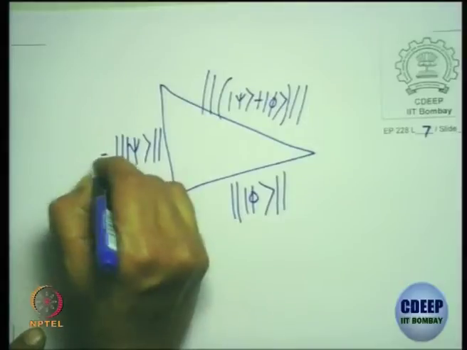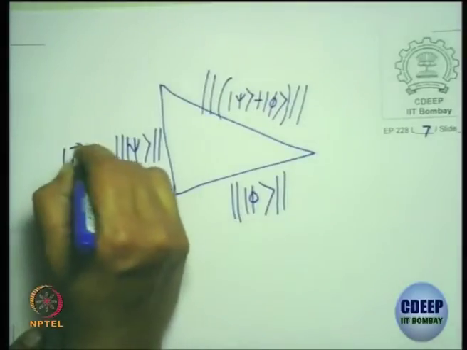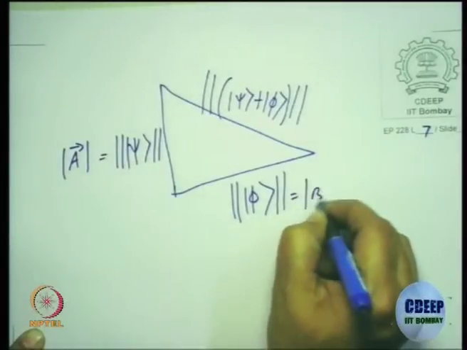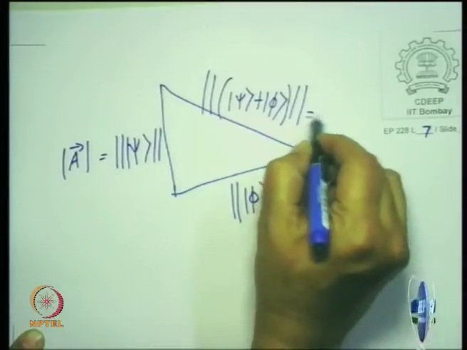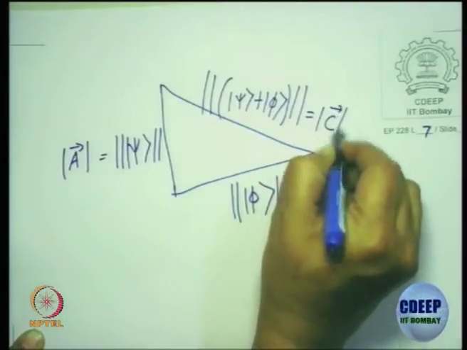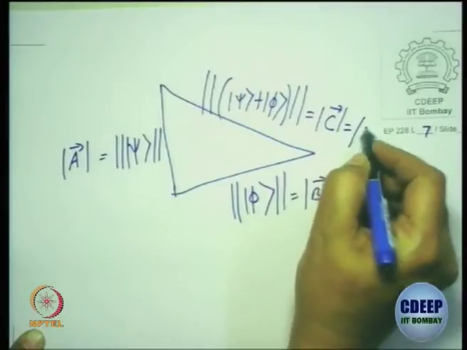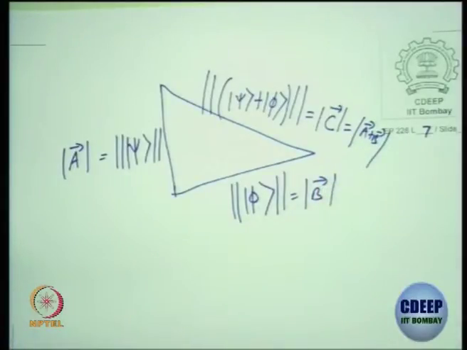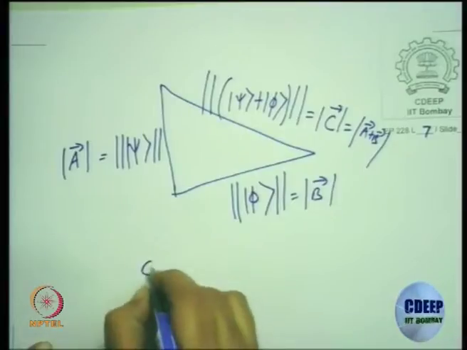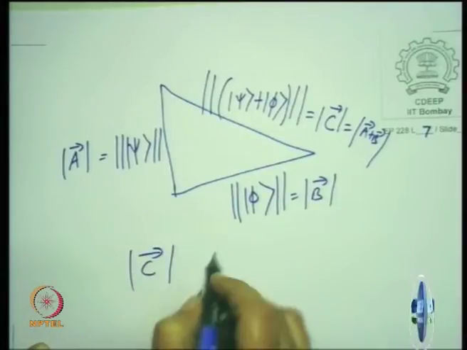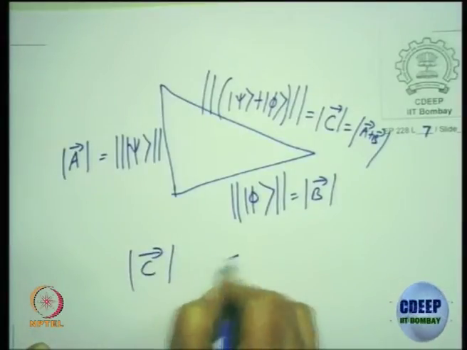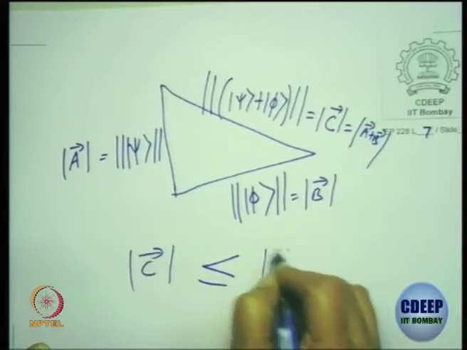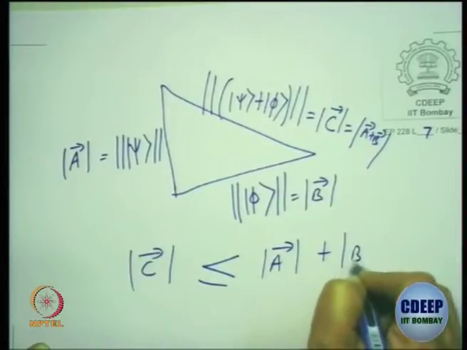Suppose I call this mod of A vector, this mod of B vector, and this mod of C vector, which is nothing but mod of A plus B vector. What is the triangle inequality? Mod of C should be less than or equal to mod of A plus mod of B.